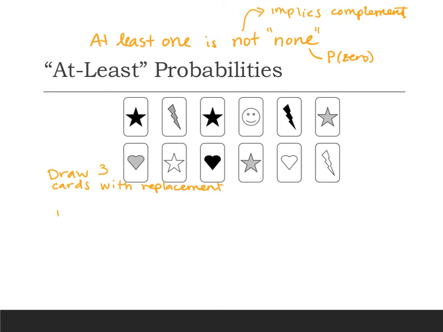And I want to know what is the probability of getting at least 1 heart. Well, at least 1 is not none. So that means the complement rule, I want to do 1 minus the probability of getting no hearts.